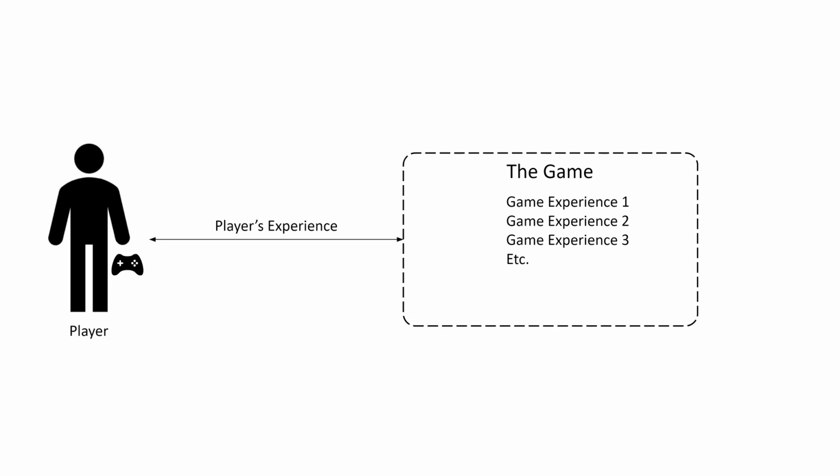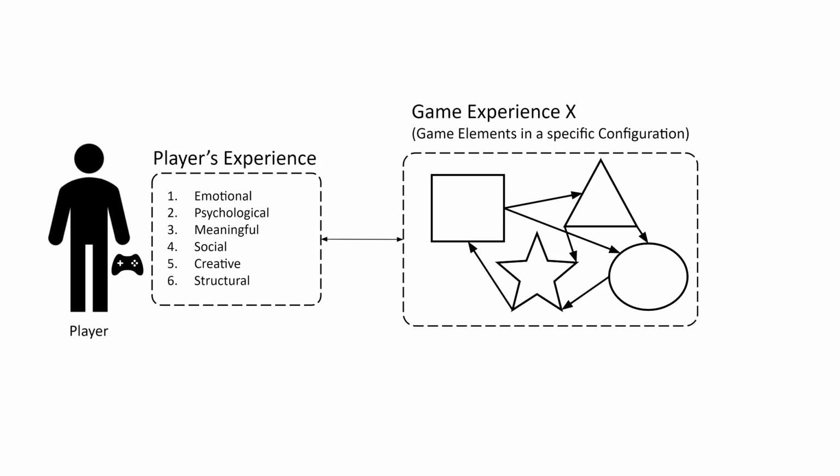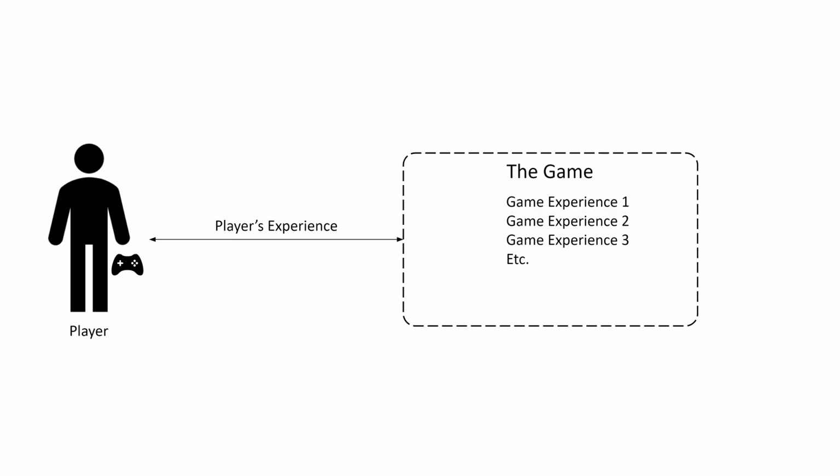And again, the game is made up of many different experiences or patterns. And each of those will create a particular player experience or set of player experiences. Now, let's think about this. So we have game experience X. So we had just up here before game experience 1, 2, game experience 3.